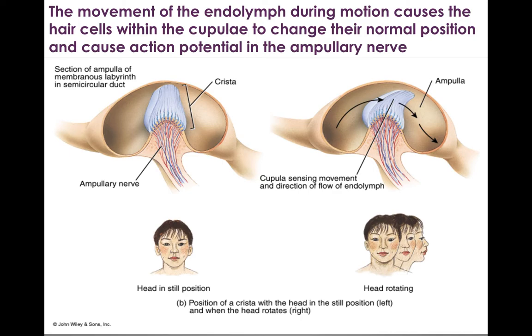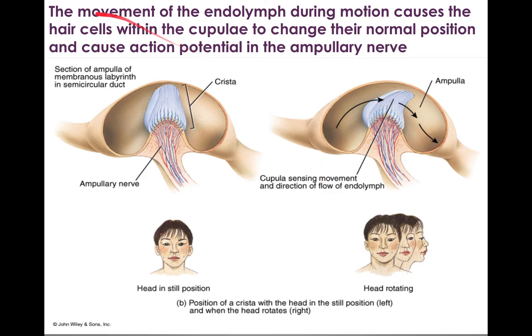And the brain is interpreting all of this information, as well as information from the macula and saccule, visual perception and proprioception, to keep your body upright in space, or to keep your body doing what you want it to do.